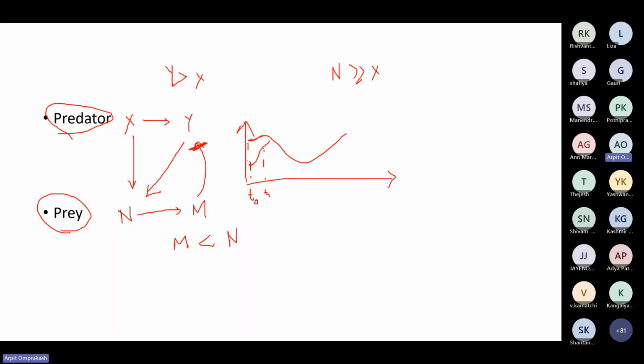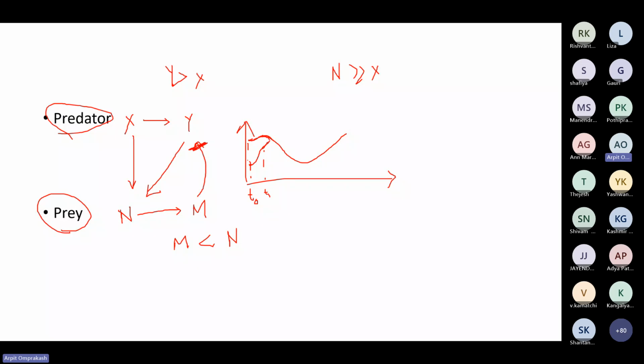But at T1, there is more prey and fewer predators for that amount of prey. So the prey population tends to die and decrease, while the number of predators is still increasing.